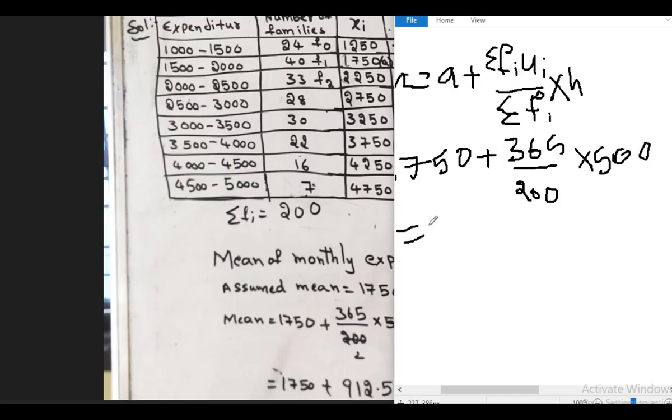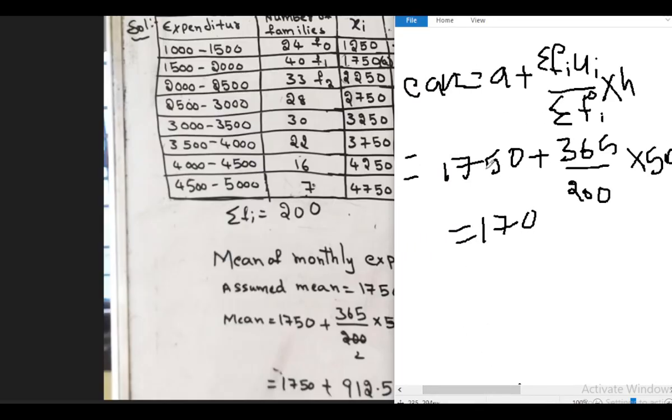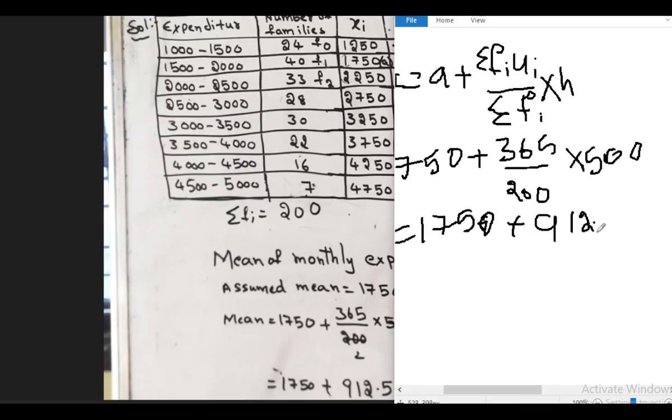So 1750 plus, if we make the calculation, we get the solution as 912.5. If we add both, we get 2662.5.